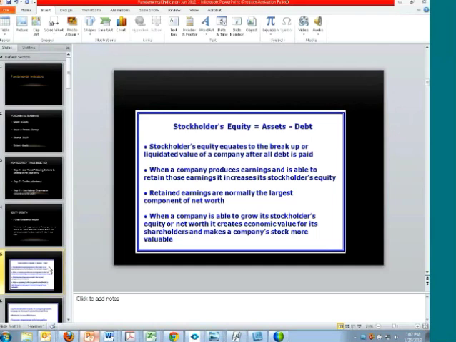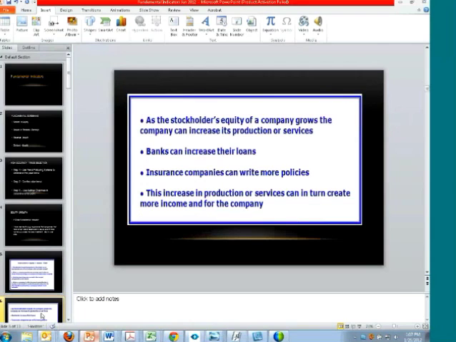So it's a great way to track the financial health and the earnings power of a company is just simply to track the stockholders' equity. And as stockholders' equity grows, a company can increase its productions or services. For example, banks can increase their loans, insurance companies can write more policies.